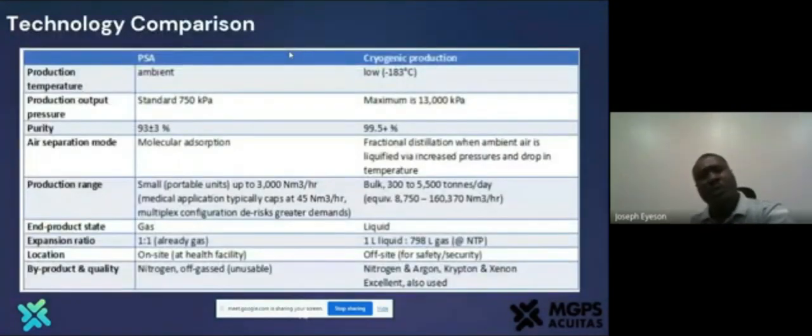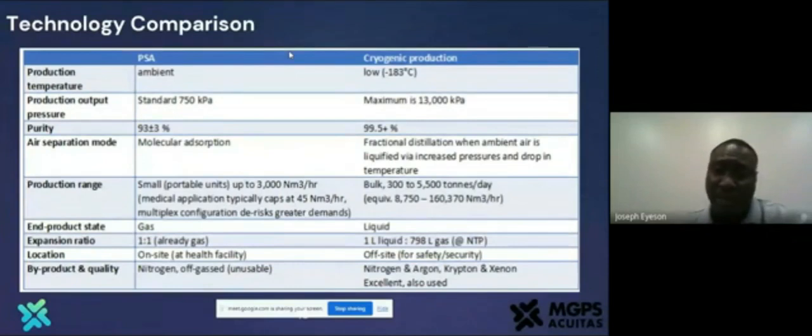Now, we just want to look at the technology comparison between PSA system and the cryogenic plant. For PSA system, the temperature is mainly ambient temperature. But when it comes to cryogenic plants, the temperature is below -183.